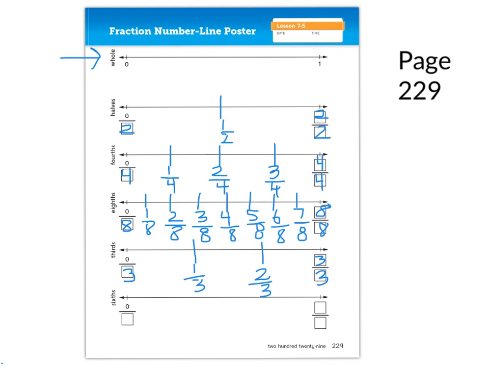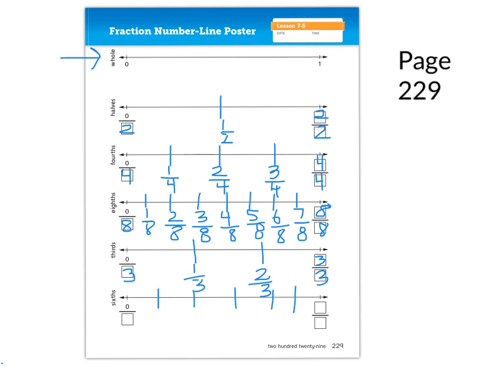Okay, so for 6ths, we're going to do the same thing, but thankfully we already divided our thirds up, so we can just kind of drop down the lines, like from above, and then divide each of those in half. Because remember, 3 is half of 6.